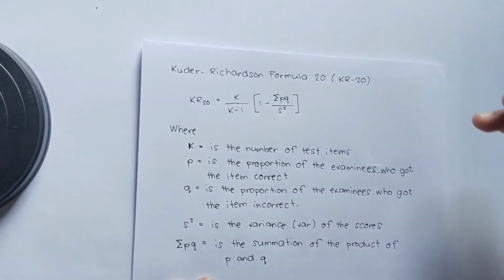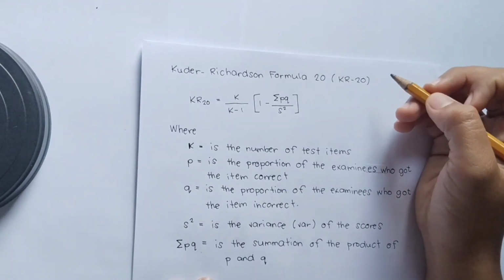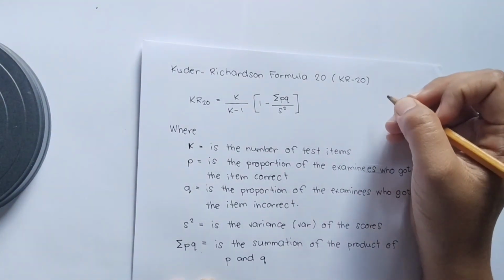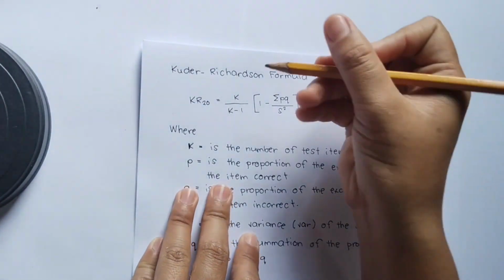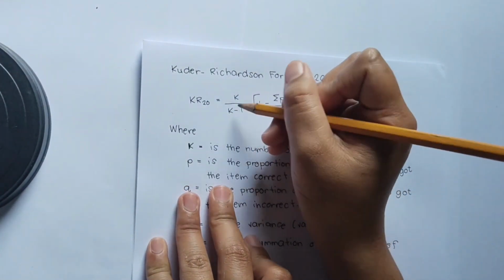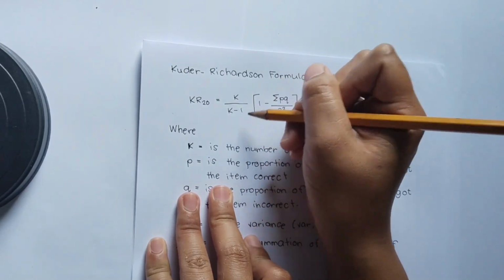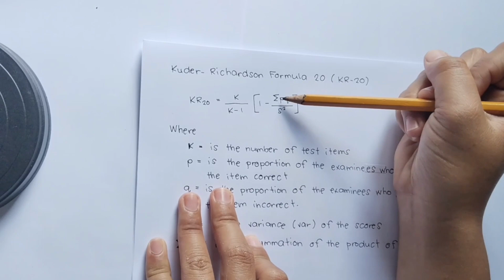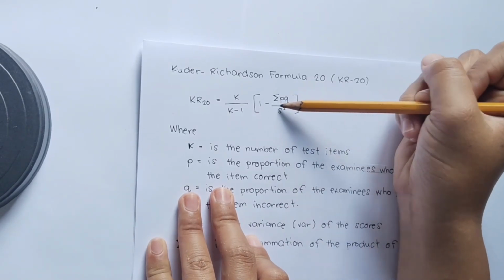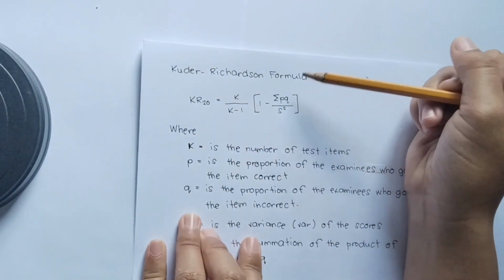At ngayon, ito naman yung halimbawa ng Kuder-Richardson formula 20 or KR-20 formula. So, yung formula niya is KR-20 is equals to K over K minus 1 times 1 minus the summation of PQ over S squared.